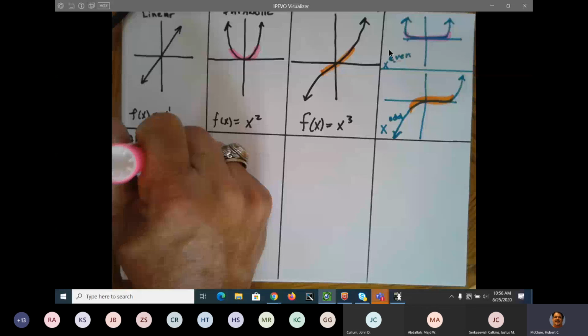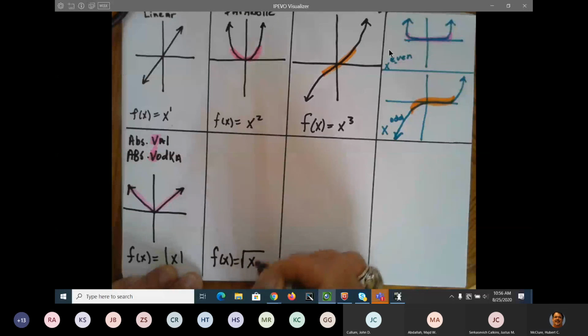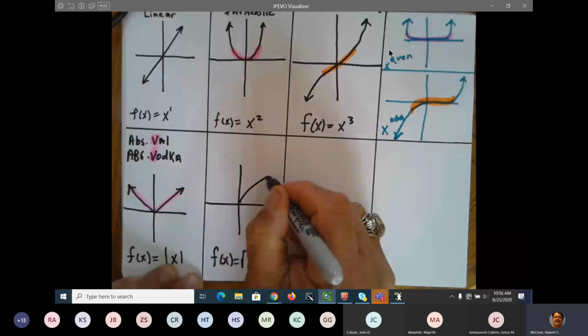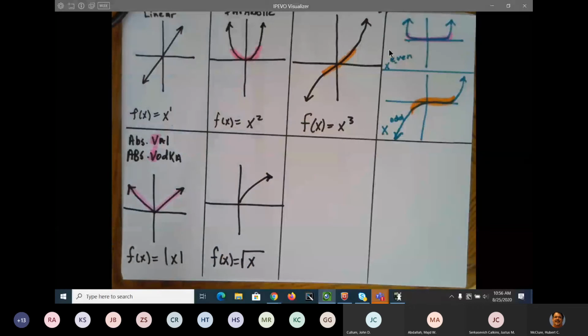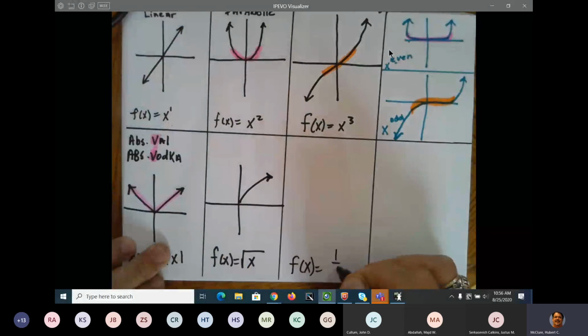f of x is equal to the square root of x. f of x is equal to 1 over x.